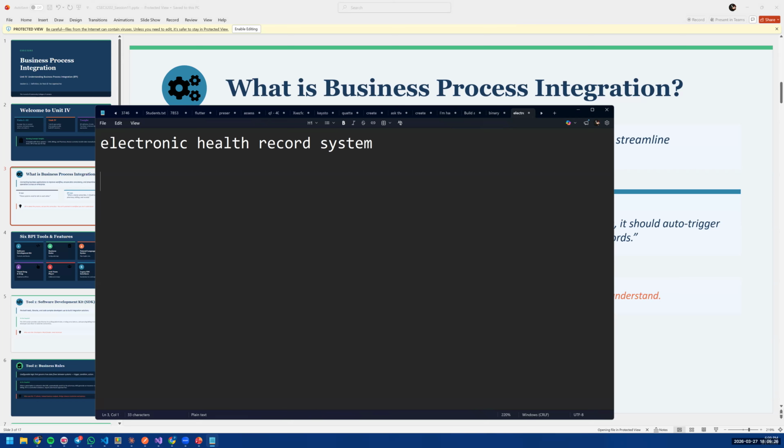So we have the electronic health record system. Just in case you hear me say EHR, that's this one. The next one is the billing and insurance claims system, and then we're also going to have the pharmacy management system, which is PMS.